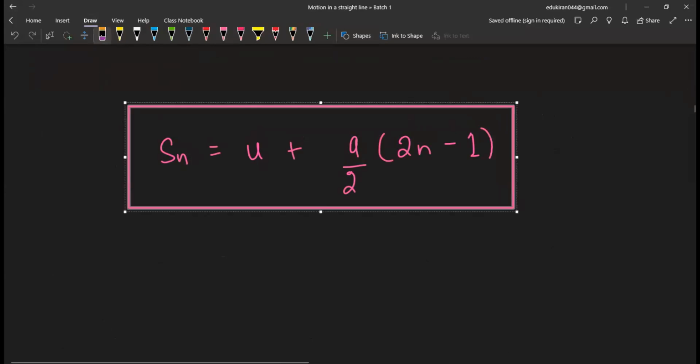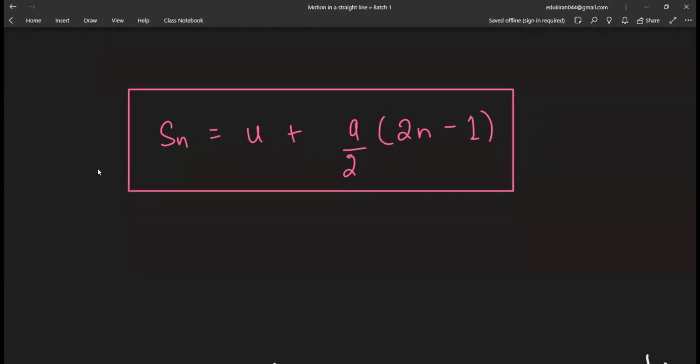All right, Sn. Now let's see each term. What is Sn? Sn, this is the displacement covered in the nth second.